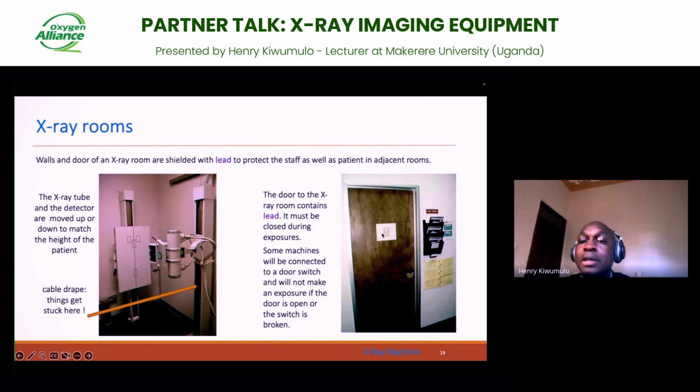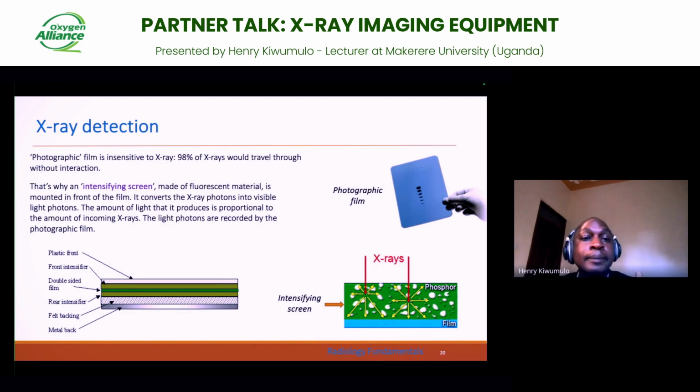And the door also has to be firmly closed, especially when you are taking X-rays. The beauty is that some of the modern systems have an interlock which connects with the door. So if the door is not well locked, nothing will expose. But if you don't have that interlocking mechanism, then you have to be careful about how the door is closed to avoid the X-rays going astray.